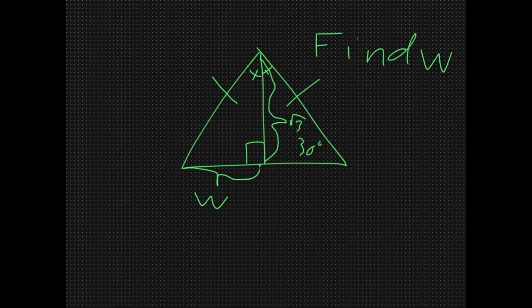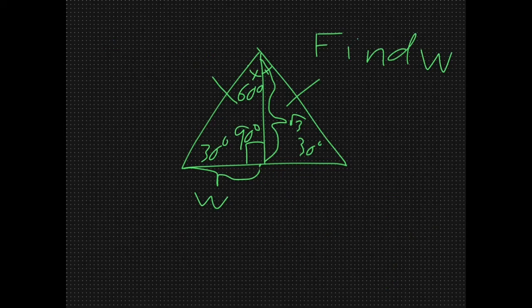If you haven't noticed before, this is an isosceles triangle. Using this knowledge, we can conclude that this angle right here must be 30 degrees. Since we already know this is a 90-degree angle right here, we can conclude that this right here is a 60-degree angle, since all angles in a triangle must add up to 180 degrees.